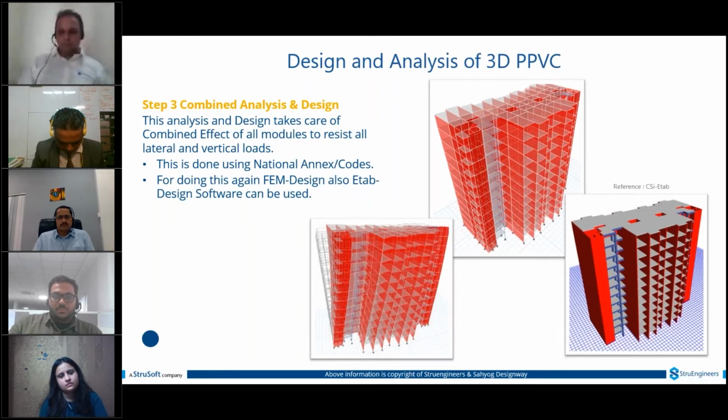During ETABS analysis, it is designed for the whole lateral load, like wind load and earthquake load. For vertical load, we just check that whatever steel we have provided is fine, or we have to revise it. So it's done like that.